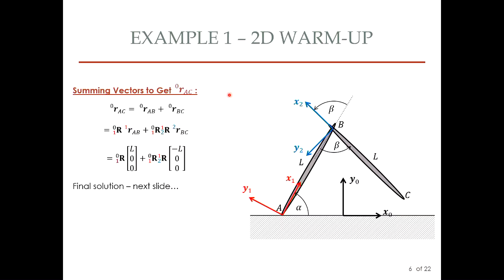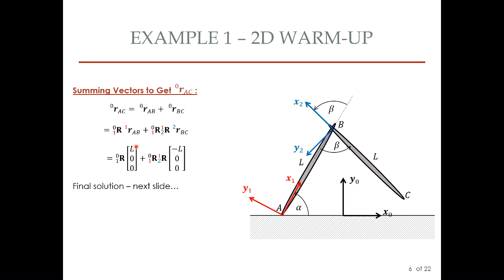So what we are doing here is now finding this RAC as the sum of RAB and RBC, vector summation. And because I'm asked to find it in frame 0, I need the result to be in frame 0, but I'm doing a gradual summation.